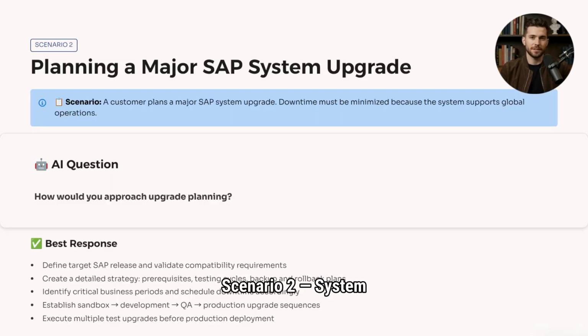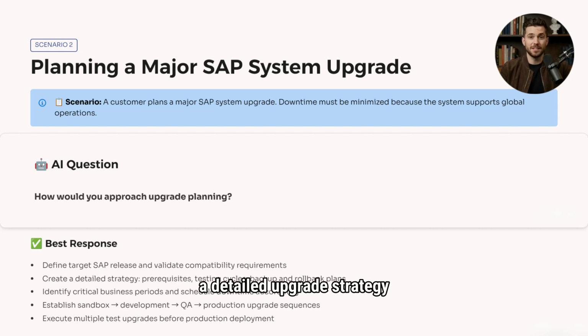Scenario 2, system upgrade planning. A customer plans a major SAP system upgrade. Downtime must be minimized because the system supports global operations. AI question: how would you approach upgrade planning? Best response: I would start by defining the target SAP release and validating compatibility requirements.